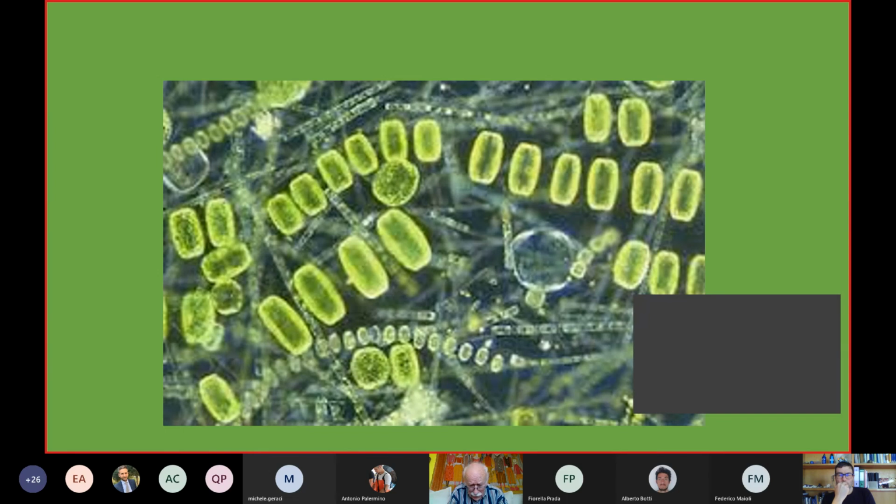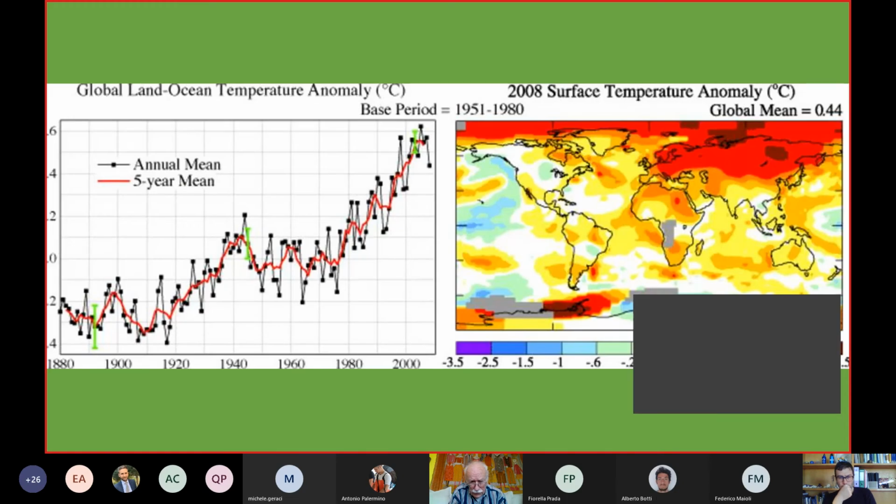These are other species. By the way, I took these photographs in the Antarctic. They are dominant phytoplankton species with great economic promise.